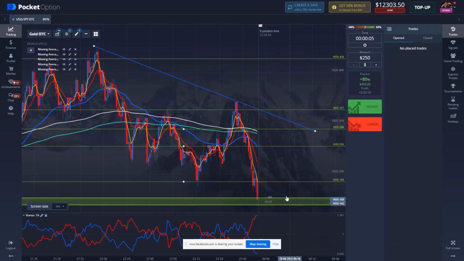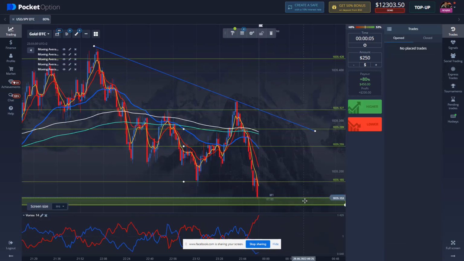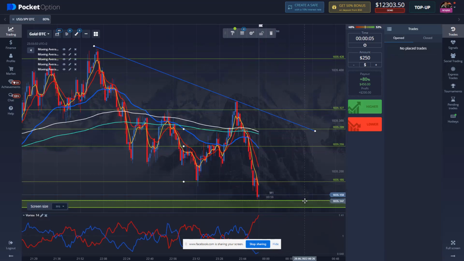But this thing is really dropping. Really dropping. If it drops some more, I might move this demand zone down a little bit more. It might be considered oversold at this point. You know, I would probably, but then I've seen that handle before.